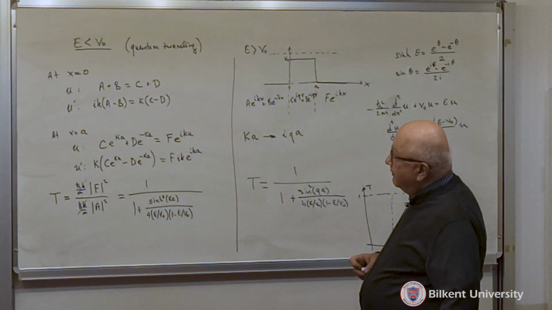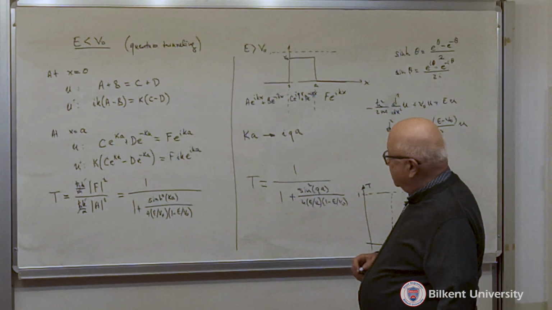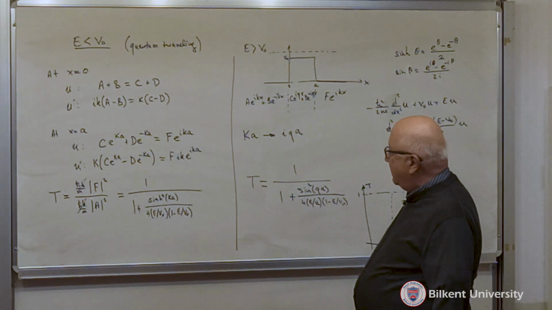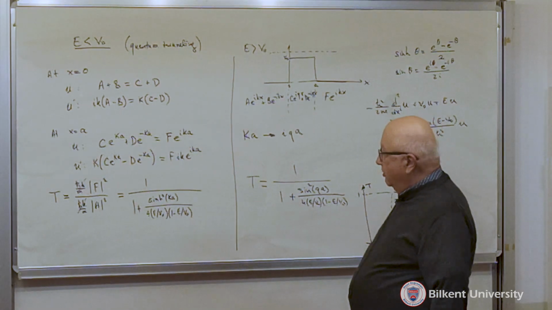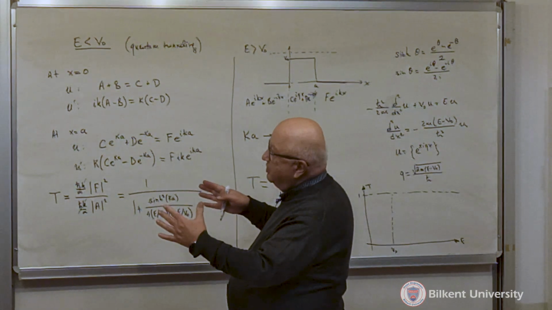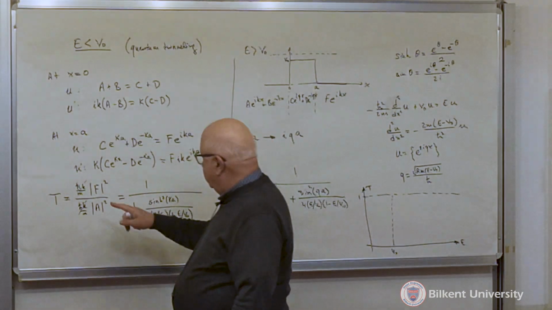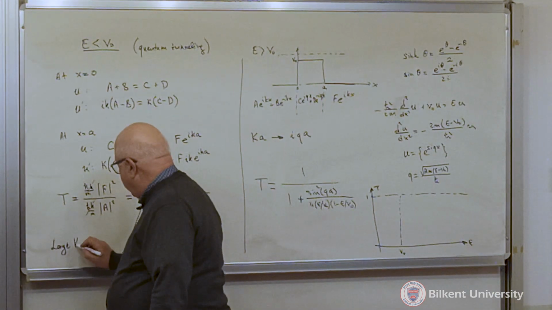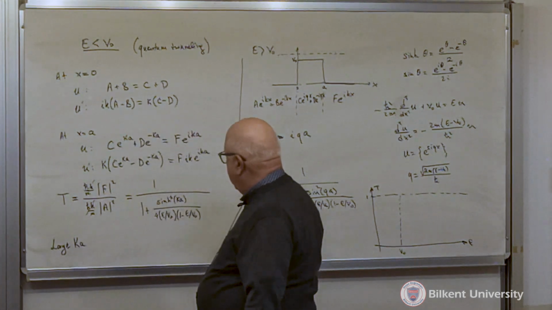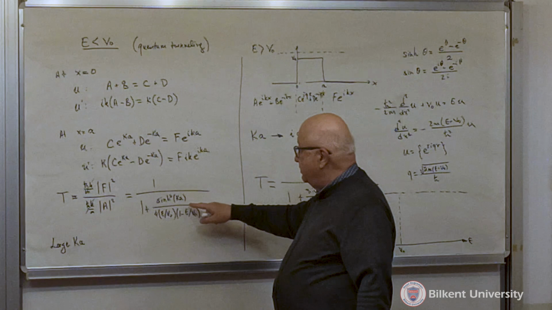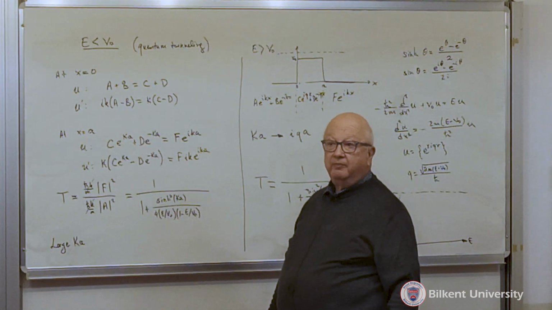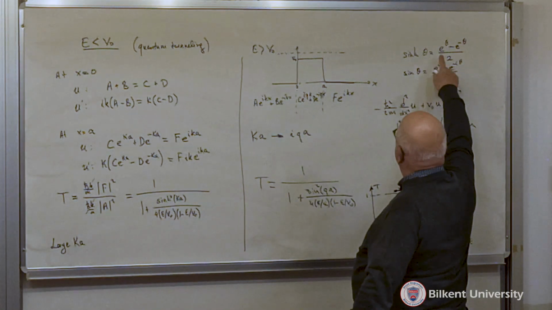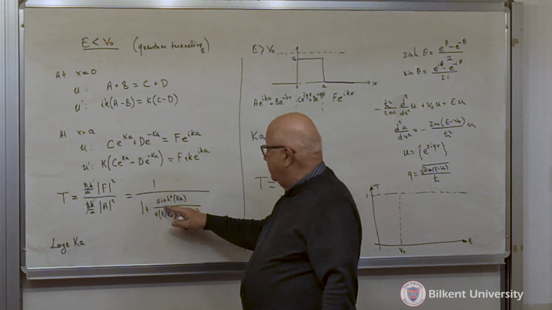So if k is large, let's look at the limit when k times a is large. If I have a thick barrier and a large k, so if I have a large Ka, I have this sine hyperbolic function here, which is going to dominate everything. And the sine hyperbolic function goes like e to this object.